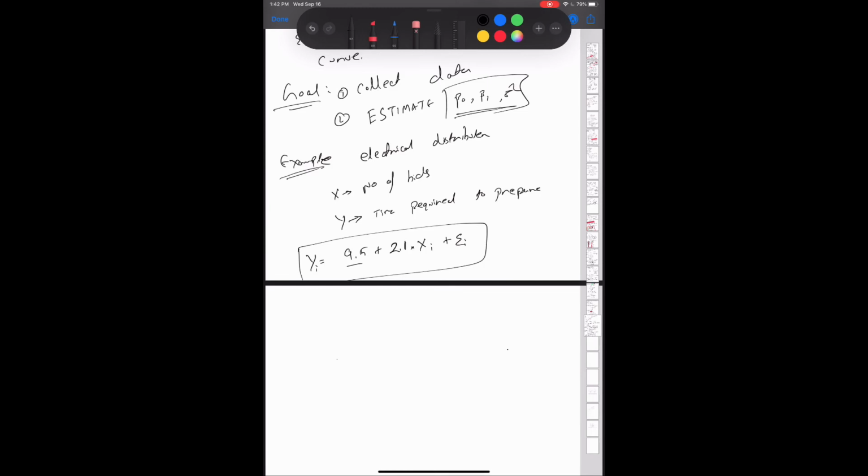So if for the ith week xi is 45, then yi is 9.5 plus 2.1 times 45 plus epsilon i. So that's 104 plus epsilon i. What does that mean? It means that yi is a normal random variable with mean 104 and variance sigma square.